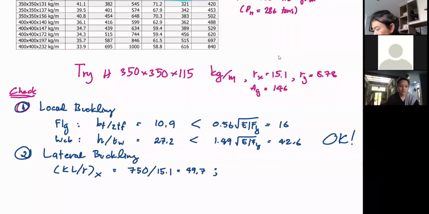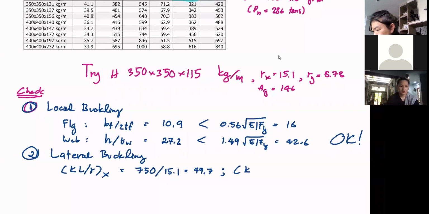Now in Y direction, it is 562.5 divided by 8.78, which is now 64.1. And you see 49.7 versus 64.1. Sorry, the iPad moves. So we can see that this one governs, right?